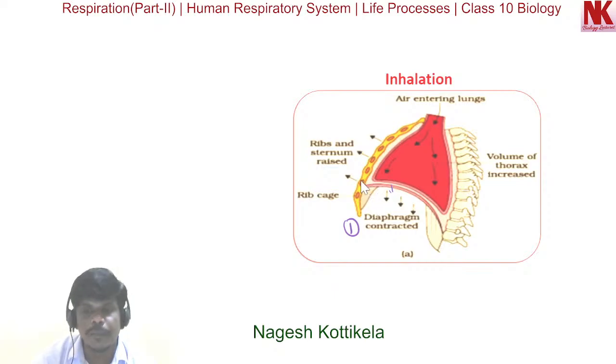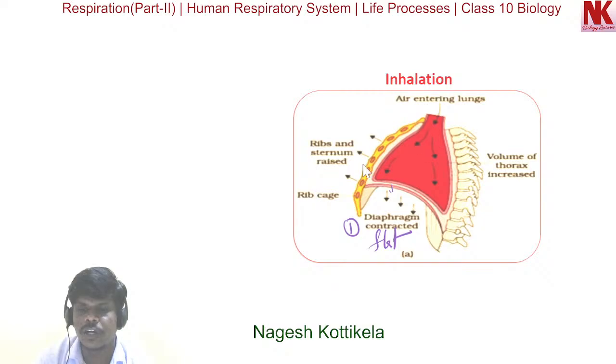Normally the diaphragm is dome shaped, and when it contracts it becomes flat. This is one of the events. Then the ribs and sternum are raised. Sternum is the breastbone. The ribs and sternum are raised upwards.